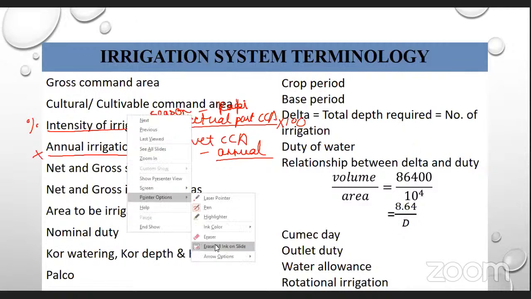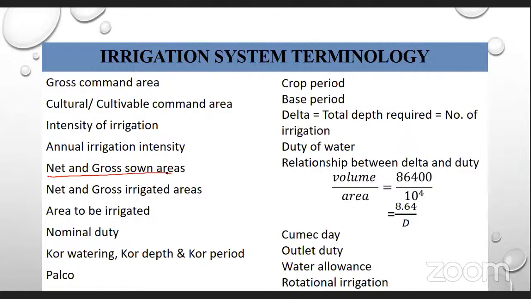Now we have the net and gross sown area. Also, the annual irrigation intensity, if we talk about the formula, can be given as the gross irrigated area divided by the total CCA, the cultivable command area, into 100.